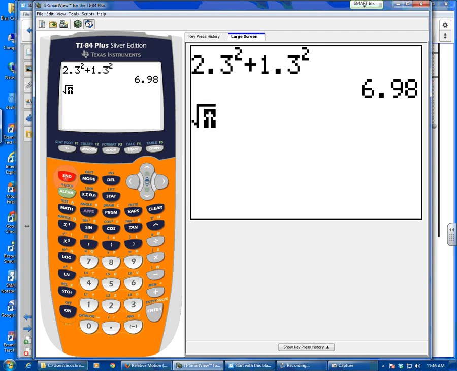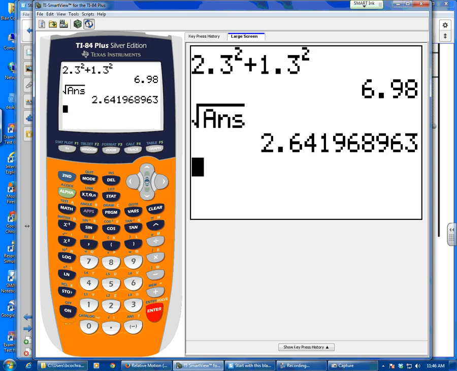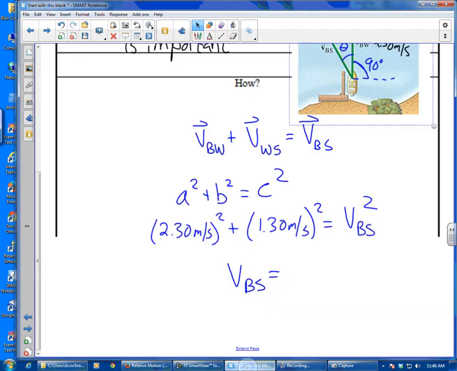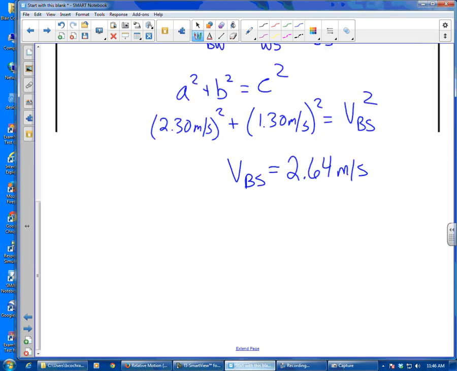Square root that, and I get 2.641. Round that to 3 sig figs, 2.64 meters per second. That's going to be the speed.